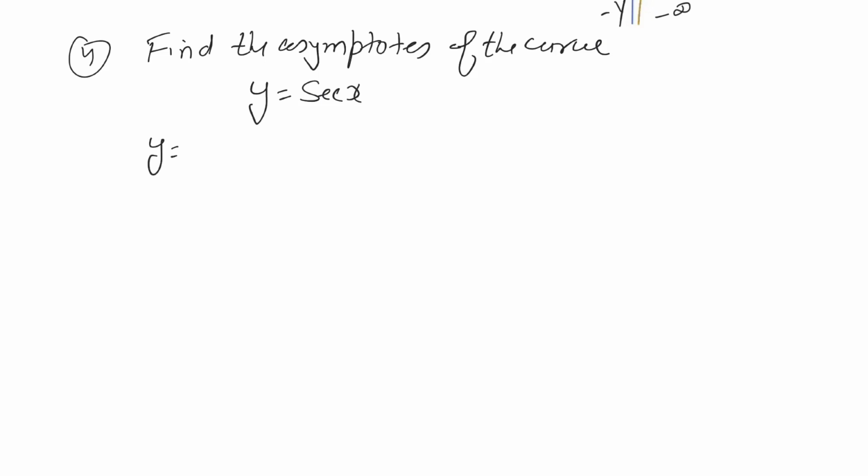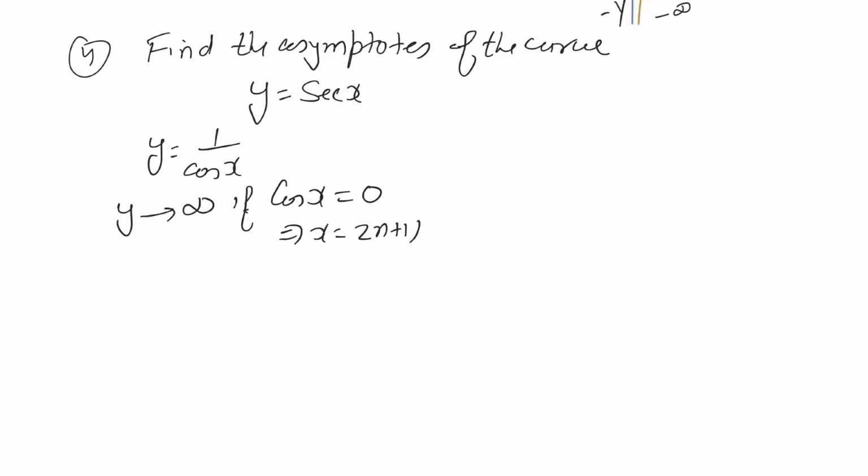It can be written as y is equal to 1 by cos x. Y will become infinity if cos x will become 0. This will become 0 if x will be 2n plus 1 pi by 2, where n is belonging to set of integers, and you know set of integers contains 0, plus minus 1, plus minus 2, and so on.